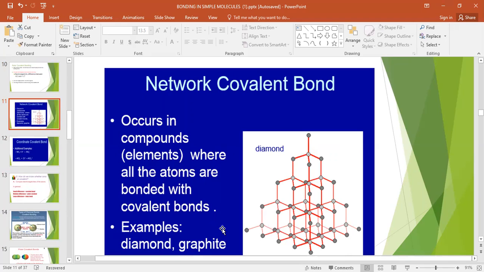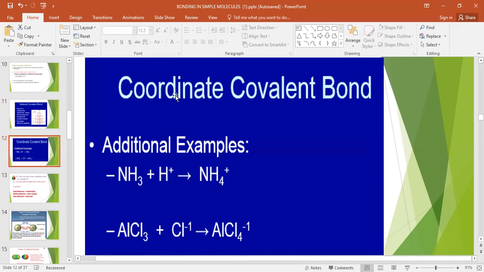Example, diamond or graphite. That is a network covalent bond because we have many carbon atoms here. This dot shows the carbon atom, and the red line the bonding between them. So when many carbon atoms join one another, we call it network covalent bonding, because it is not specified as 1 bond, 2 bond, 3 bond.